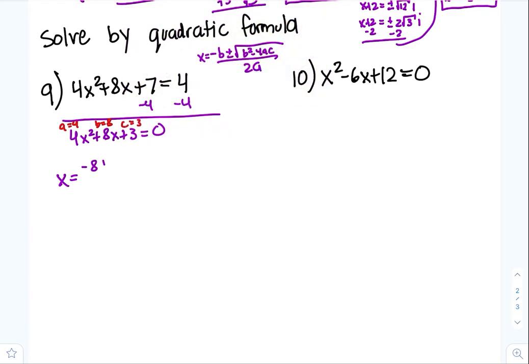Negative 8 plus or minus square root of 8 squared minus 4 times your a value, which is 4, times your guys' c value, which is 3. All over 2 times a, you guys, which is 2 times 4.